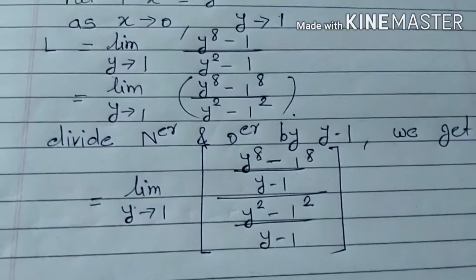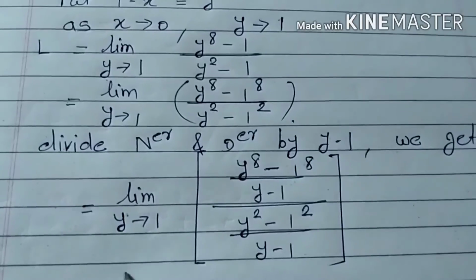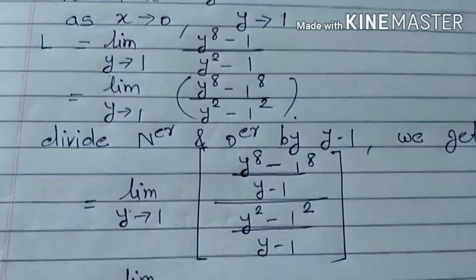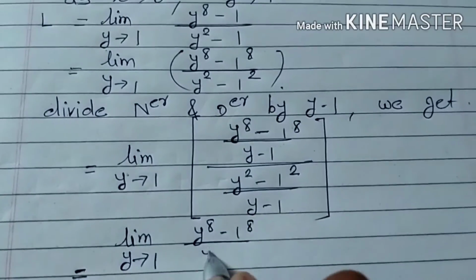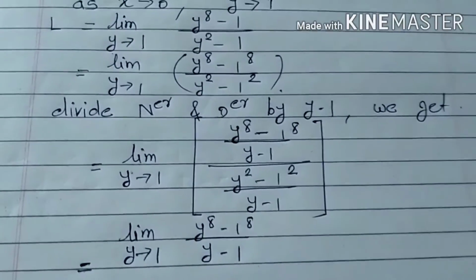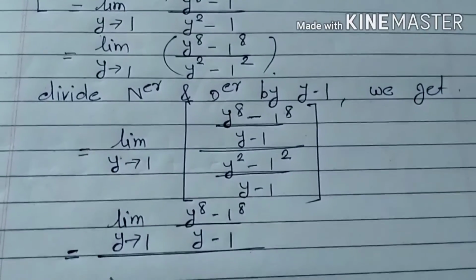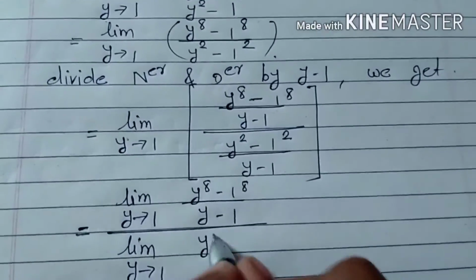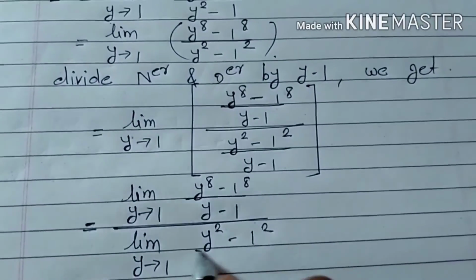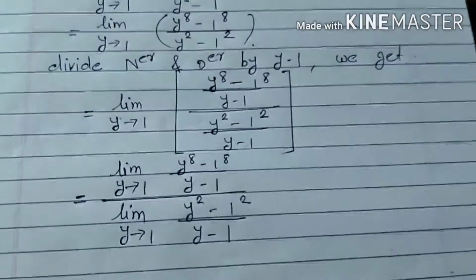Now separate the limits, so here upon limit y tends to 1, y square minus 1 square upon y minus 1.